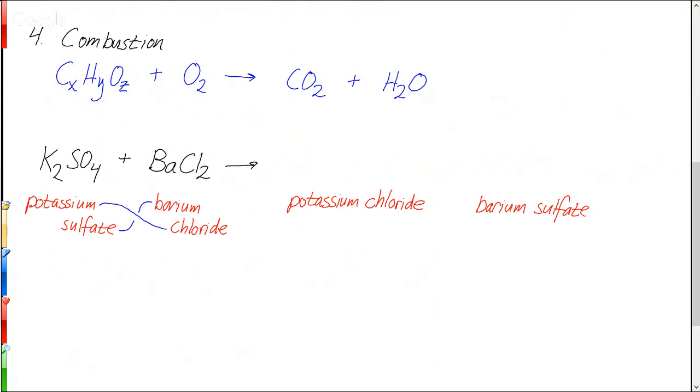Then we can build those compounds as we know how from back in chapter 6. Potassium chloride is KCl. Barium sulfate is BaSO4, since barium is +2 and sulfate is -2. And then we finish up by balancing the equation.